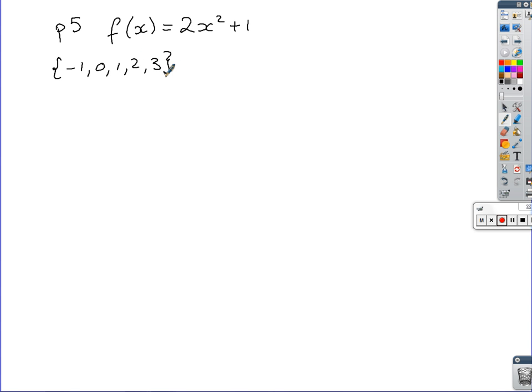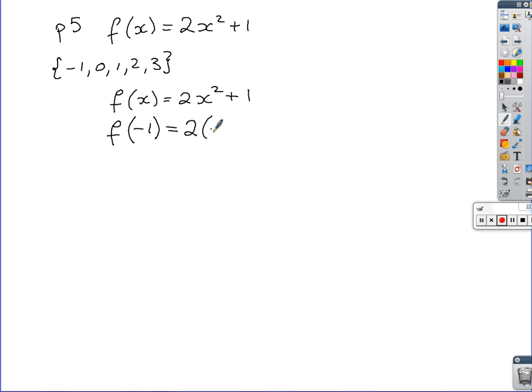So we're going to take those numbers and work out what the range is. If f of x equals 2x squared plus 1, take the first number in the domain, which is negative 1, and put it inside the brackets. This means we're going to evaluate the function when x is negative 1.